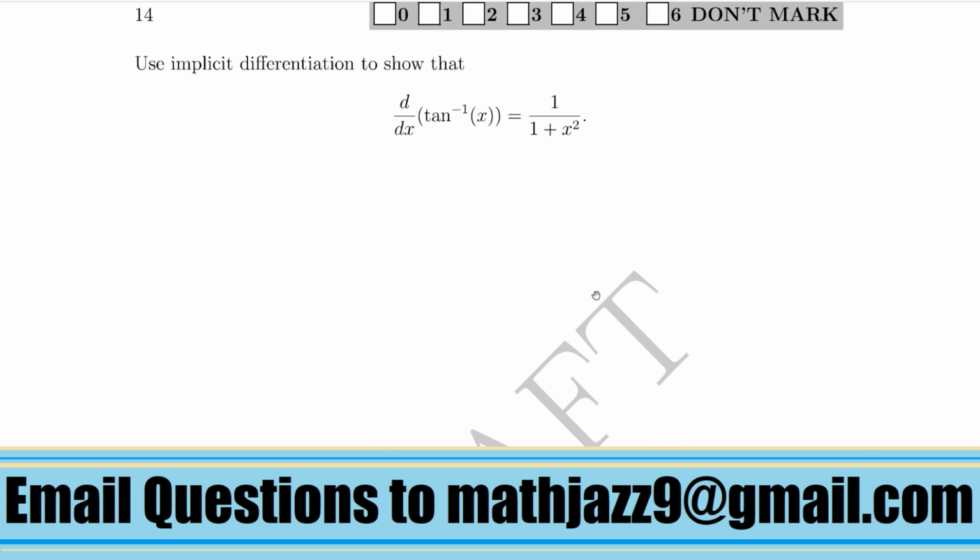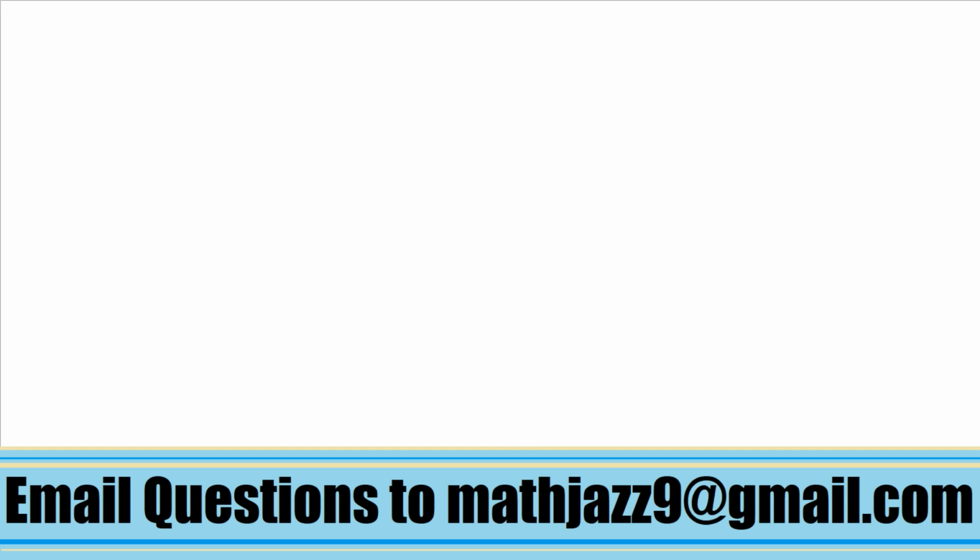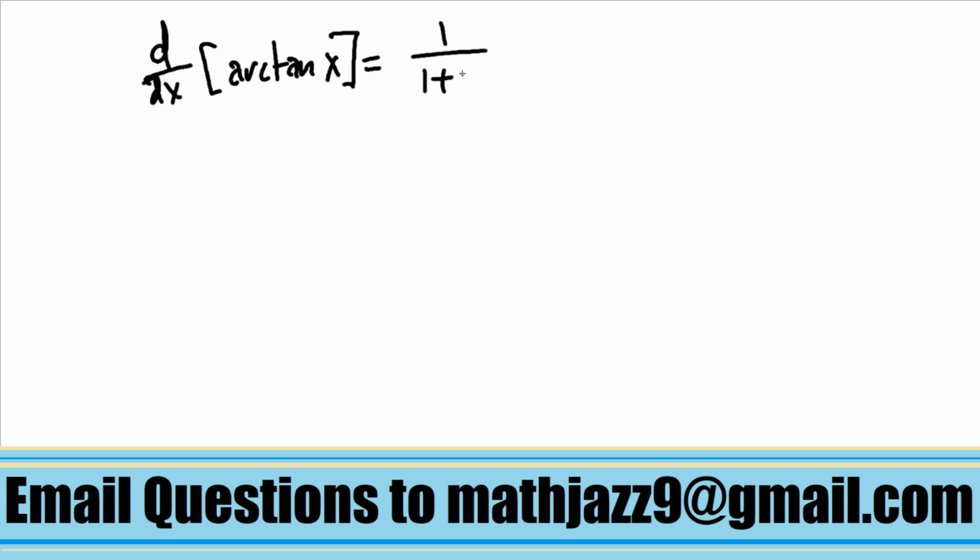Let's see. In this case, we want to prove that the derivative of arctangent is 1 over 1 plus x squared. So we want to prove this: derivative of arctangent of x equals 1 over 1 plus x squared.